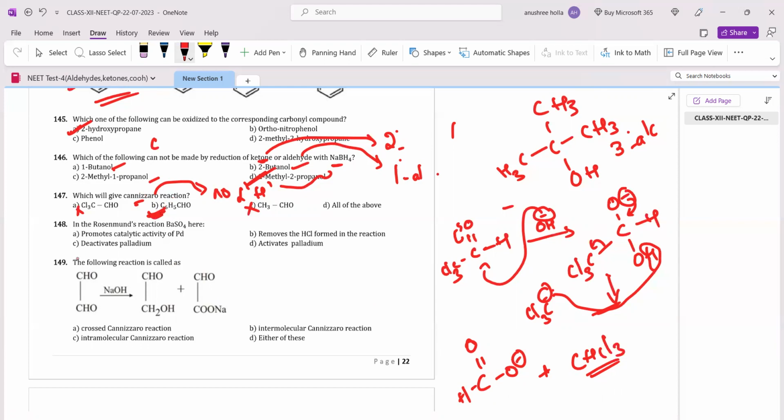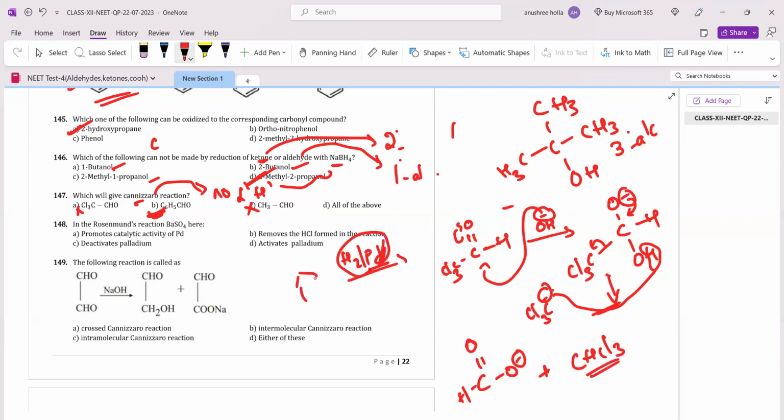Okay, next, coming to 148th question. In the Rosenmund reduction, barium sulfate. Okay, what is the role of barium sulfate in the Rosenmund reduction? So in the Rosenmund reduction, we use reducing agent, our hydrogen gas over palladium, and this palladium is acting as a catalyst now.